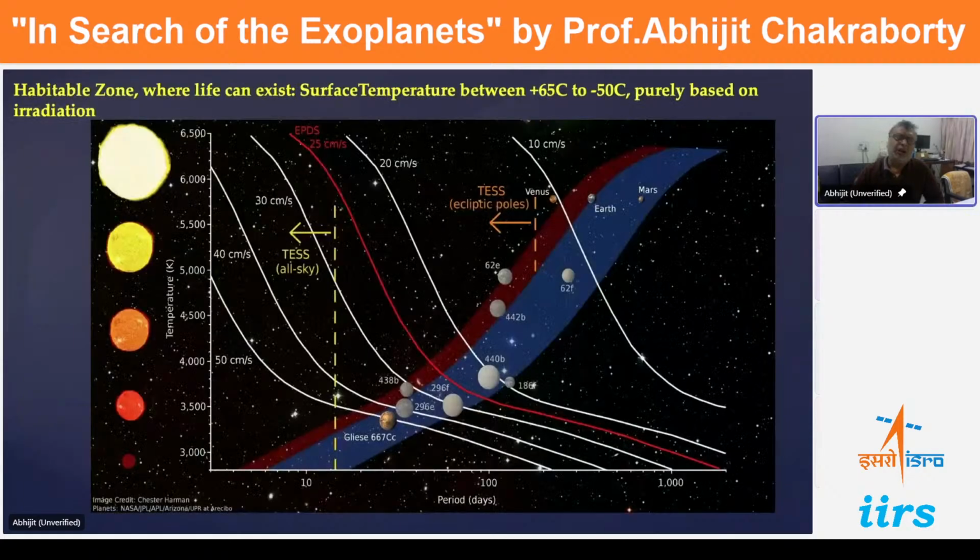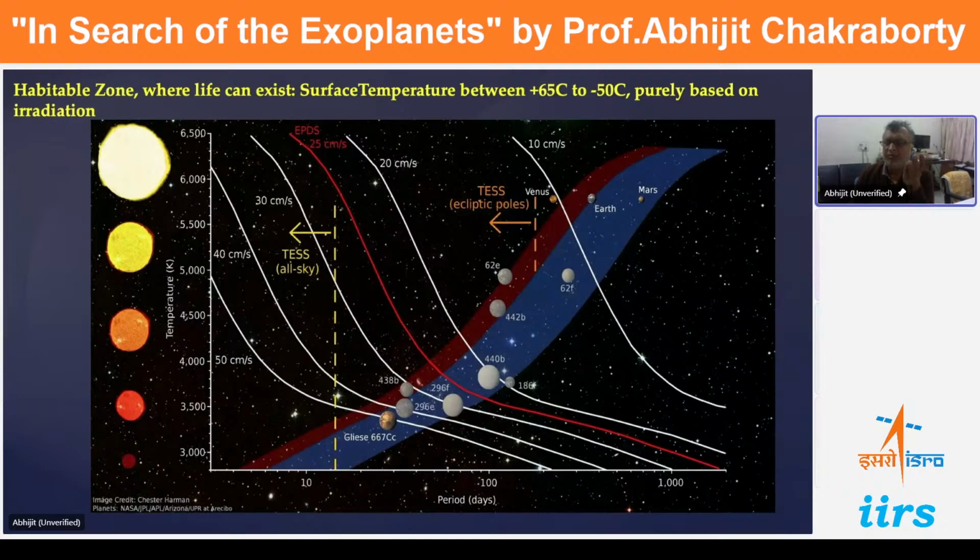Now I will introduce another concept called the habitable zone. What do we mean by habitable zone? The planet does not have its own heat; the heat it gets is from the star.